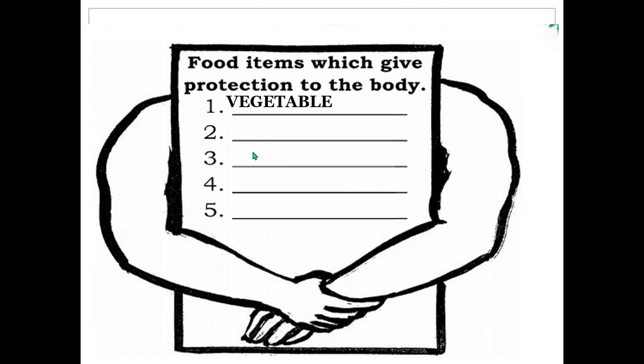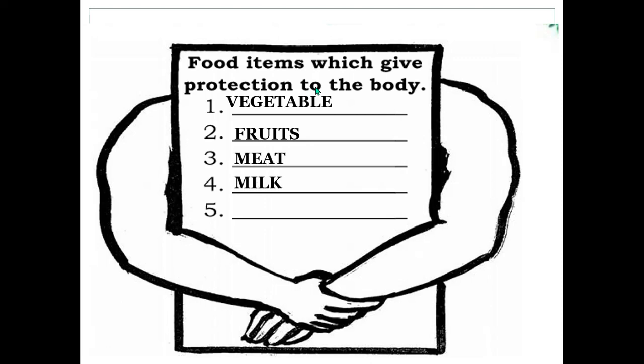Because vegetables protect our body. They have minerals and vitamins which help us protect ourselves from disease. Fruits also help us by protecting our body from harmful disease.